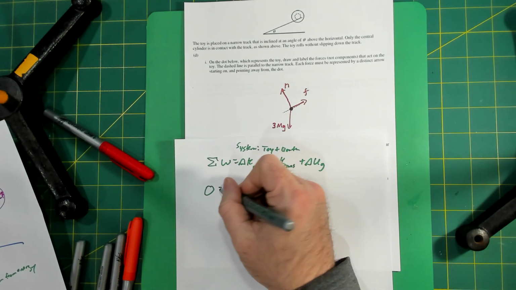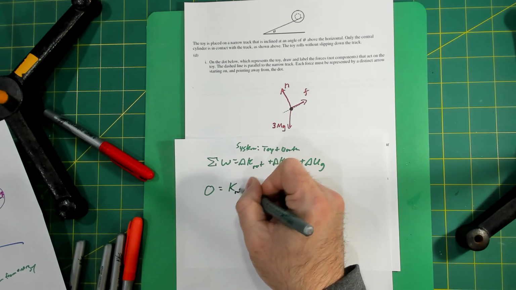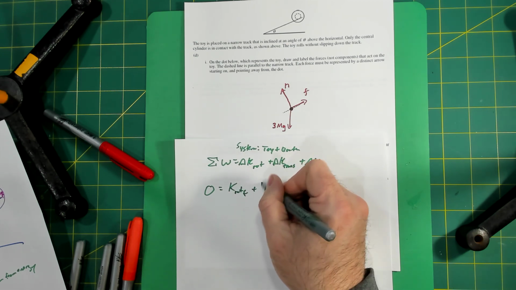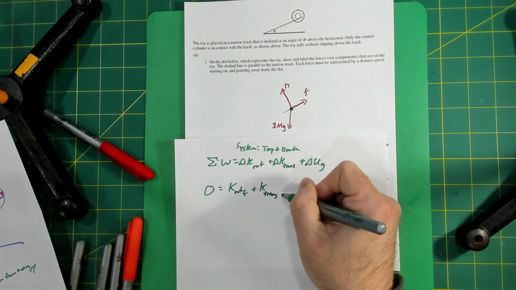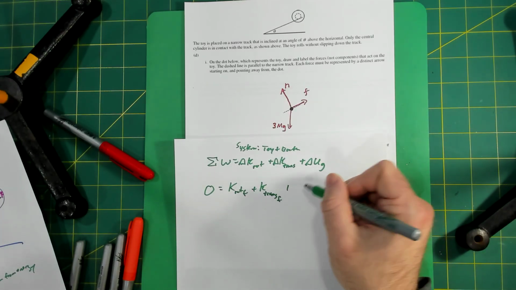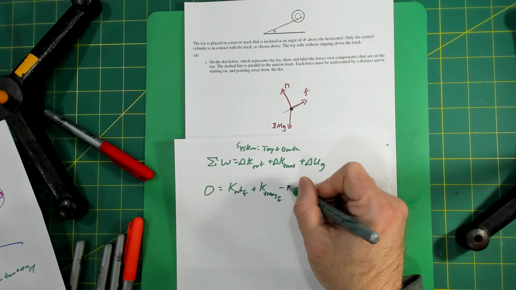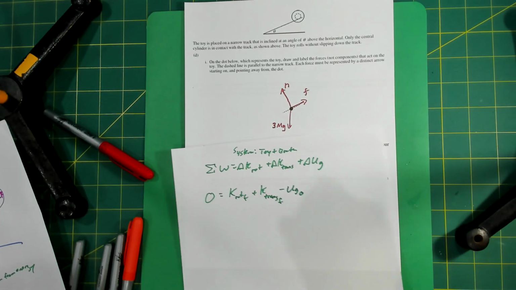We know that the initial kinetics are 0 because I'm starting from rest. So I'm just going to have K rotational final plus K translational final, and then U_G final is going to be 0, so I'll have a minus U_G initial. Okay, here we go.